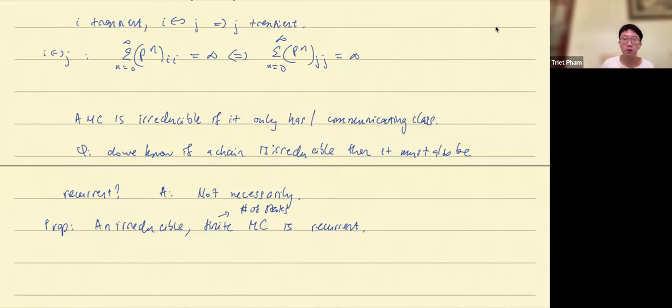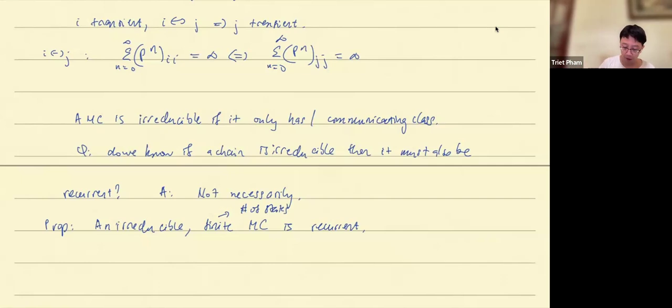This implies that if you are looking for an irreducible transient Markov chain, you have to look at the infinite case, meaning a Markov chain with an infinite number of states. An obvious example will be random walk.